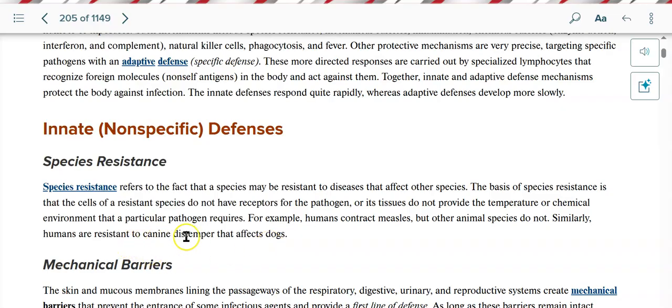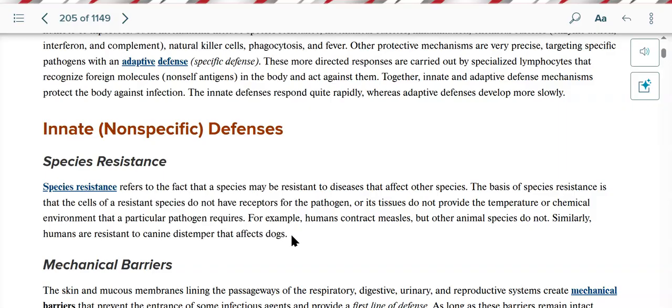Humans are resistant to canine distemper that can affect dogs. Some other examples: there's a virus that will cause tobacco leaves to get splotchy and dry out. It's called tobacco mosaic virus. You can't catch that as a human. You're not the right species. So there are a lot of examples of this.